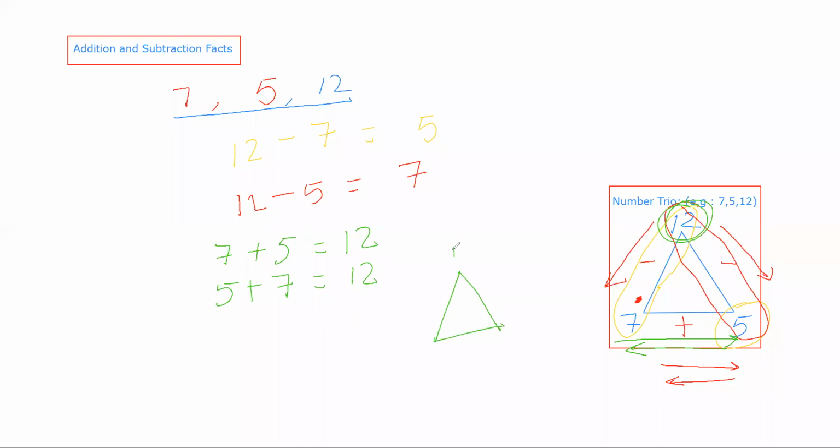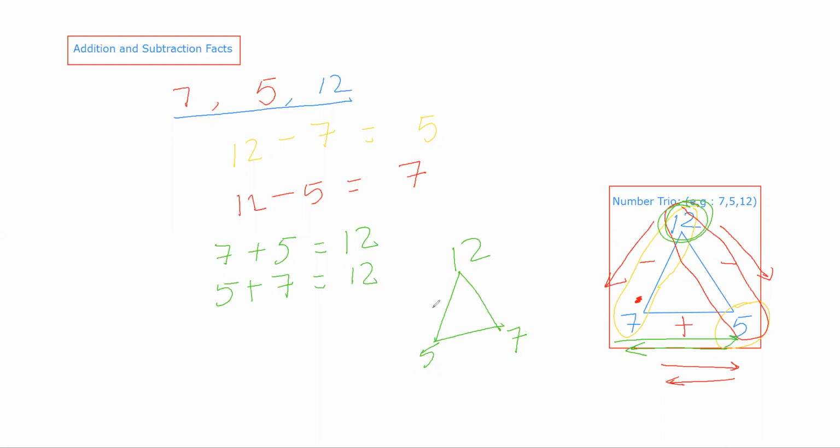Put the biggest number on the top, two smaller numbers on the bottom, and remember these three numbers should belong to a number trio. So when 12, 5 and 7 are part of a number trio system, only then can you work out the number facts and make the triangle.